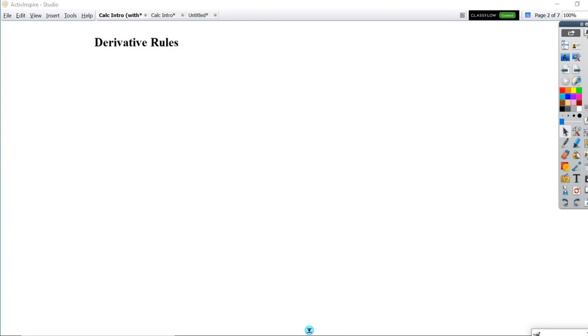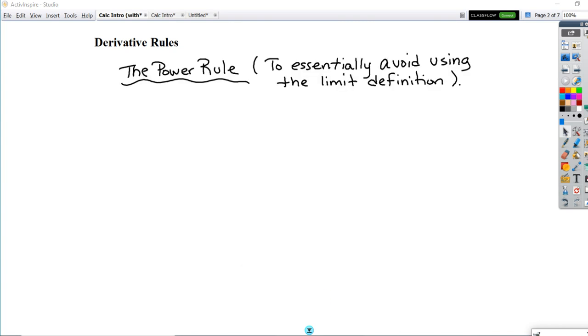But by using this first rule, we can bypass that, and so clearly it gives the AP Physics students a bit of an advantage. So this first rule is called the power rule. It essentially helps to avoid having to use the limit definition. This works for any polynomial of any power except for to the power 0.